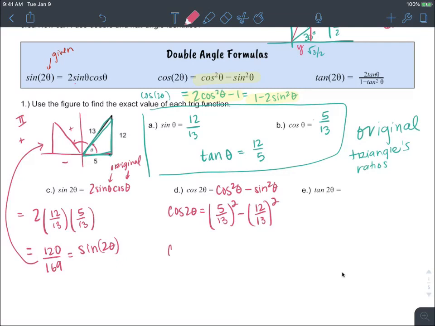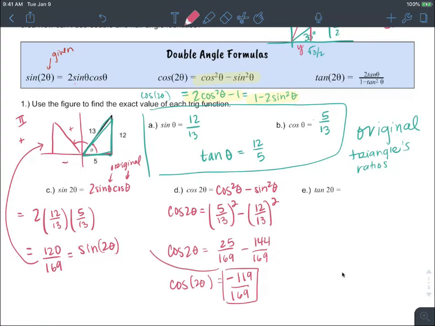Okay, so the cosine of 2 theta is equal to 25 over 169 minus 144 over 169, which is equal to negative 119 over 169. And this ratio is equal to the y. Sorry, the x length.